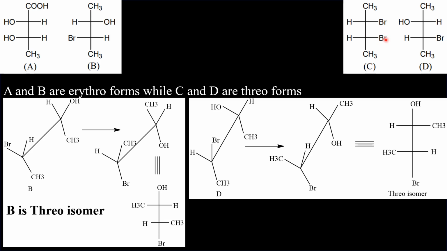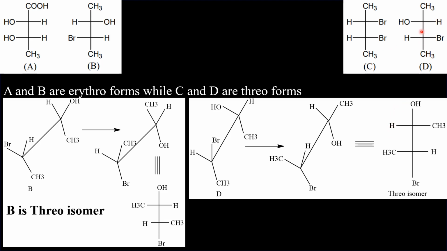There should be one group that is different, but here all three groups are the same. Therefore, for this compound you cannot assign erythro or threo notations. Whereas for this compound you can assign erythro-threo notations. Here methyl and methyl are at the top and bottom, that means they are on the same side, but hydrogen and hydrogen are on the opposite sides. So similar groups on opposite sides, therefore this is threo.